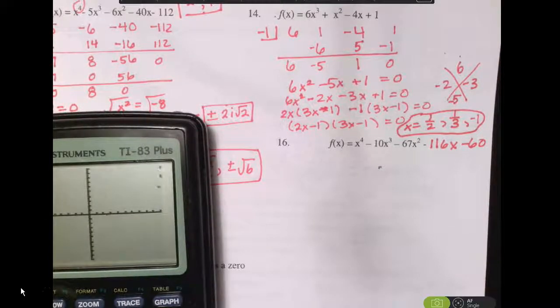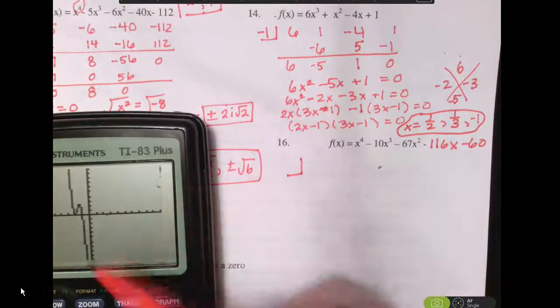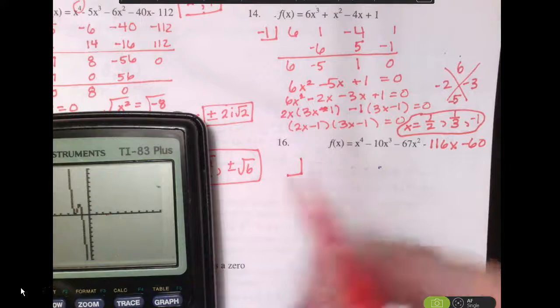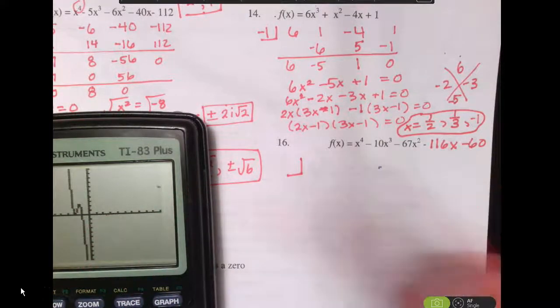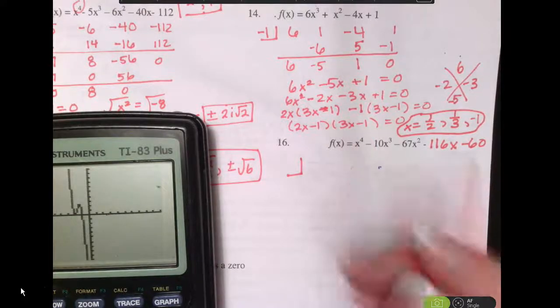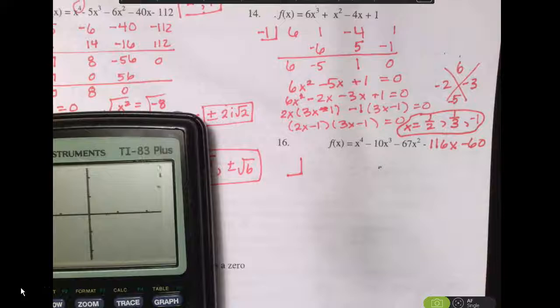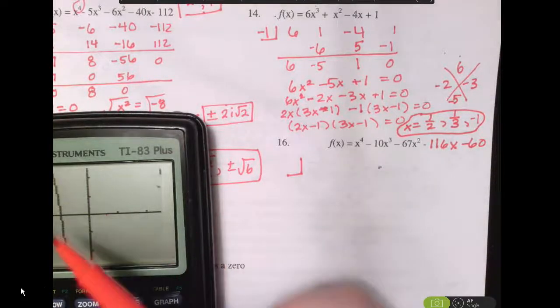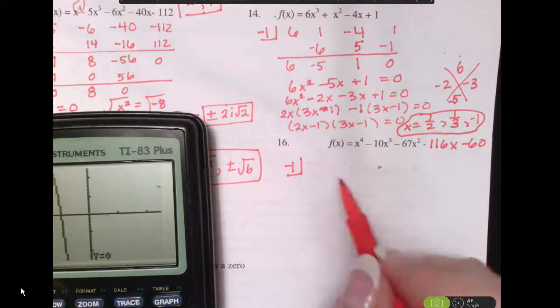And when we graph it, we've got two spots here where we have one that's a multiplicity of 2, and then we have another one where it crosses. So I'm going to zoom in on that. So it looks like it crosses right at -1. So I'm just going to start there.